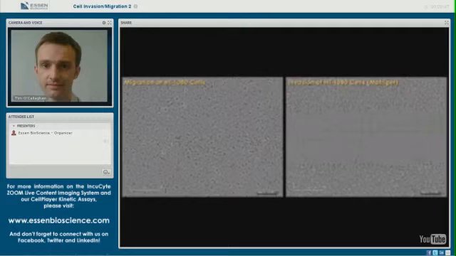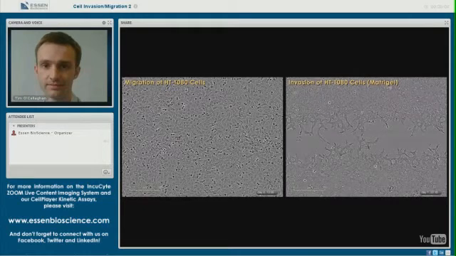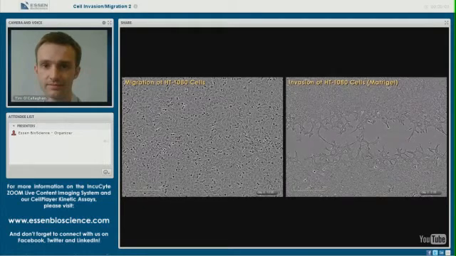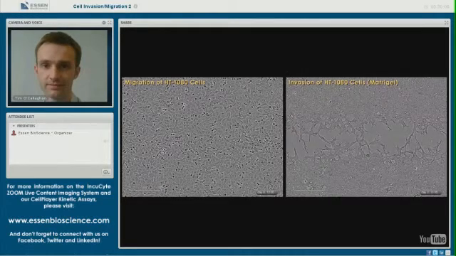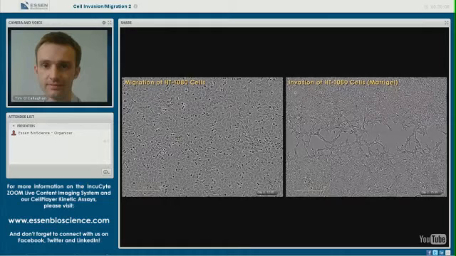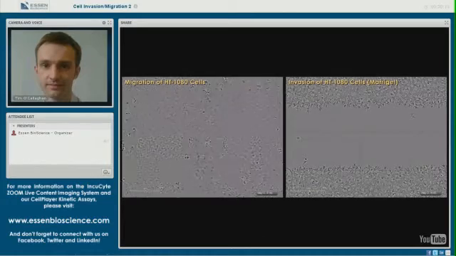So if we look at the right-hand video of HT1080 cell invasion through Matrigel, we can see that the cells display a mesenchymal-like morphology and extend spike-like invadopodia into the Matrigel as they remodel the extracellular matrix and move in to close the wound. The time course, of course, is also very much slower than that of the HT1080 migration.